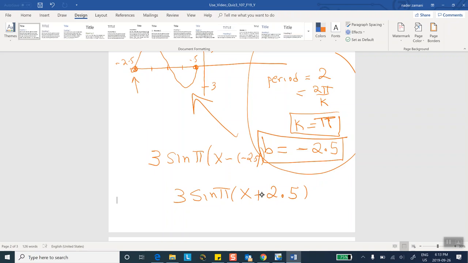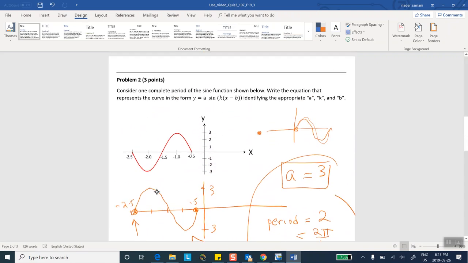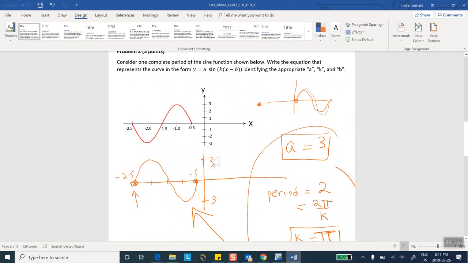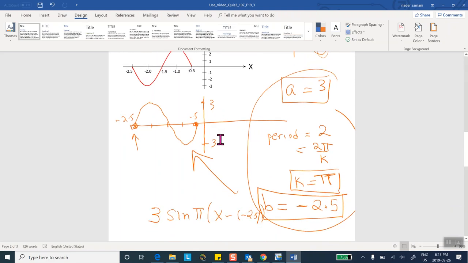The curve that was given to me was the mirror of this with respect to the x-axis, which means I need a minus sign in front of that. Okay? So if you said, based on the way you have written this, the A must be minus 3. Okay, I buy that. There's no problem. But minus 3 is not called the amplitude.